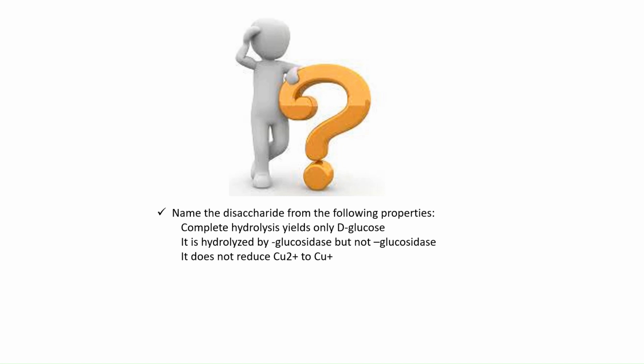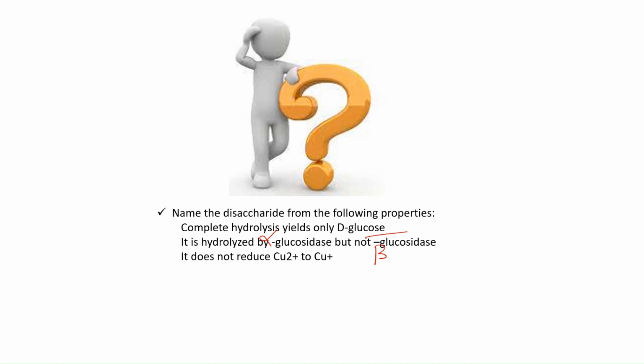What are the properties written? Complete hydrolysis yields only D-glucose. So if we hydrolyze the disaccharide, the monomers which we get are two D-glucose molecules. Second, it is hydrolyzed by alpha glucosidase, but not by beta glucosidase.